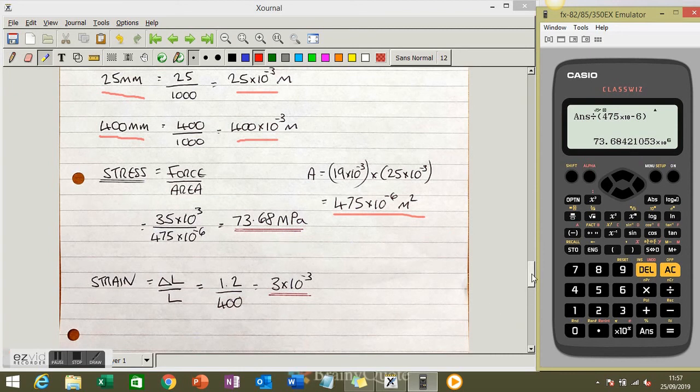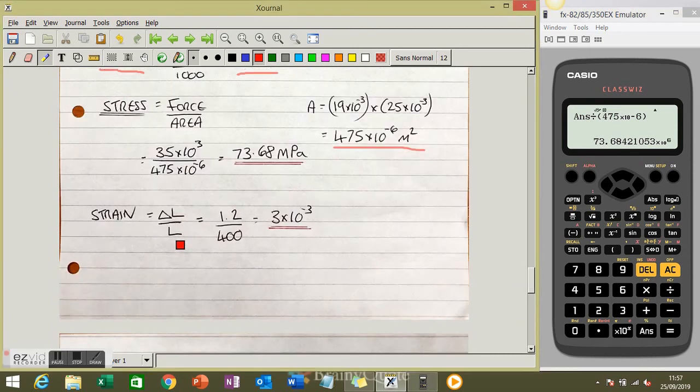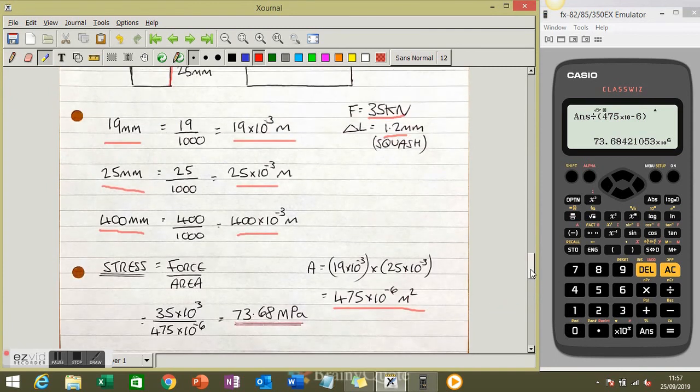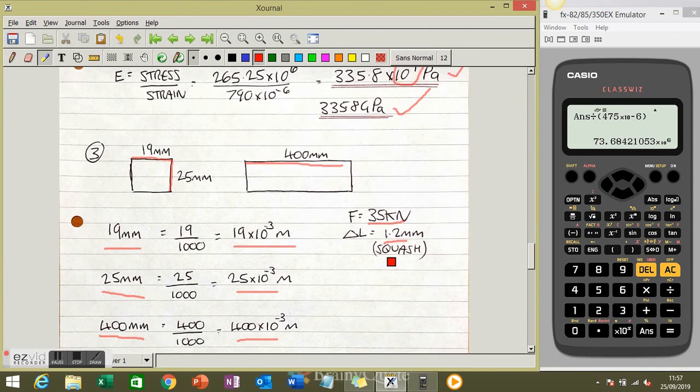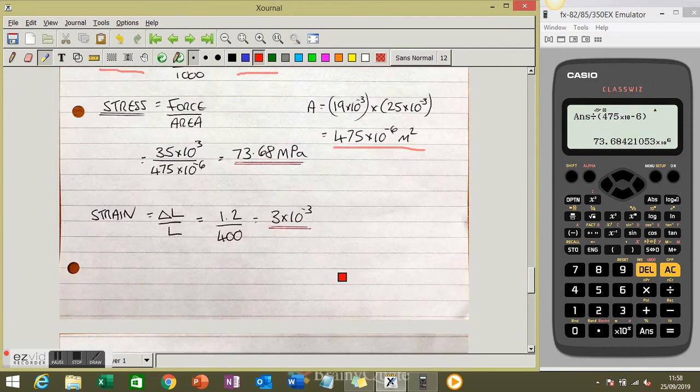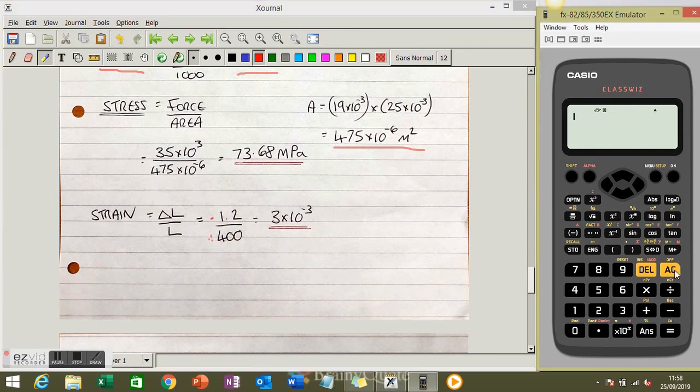Tip 2. Strain, change in length over original length. Again, it's been squashed by 1.2. It's 400 mil long. I've kept everything in millimeters, as long as they're both the same units with strain. So 1.2 divided by 400 gives us our strain. It's going to be small, no units. 3 times 10 to the minus 3.